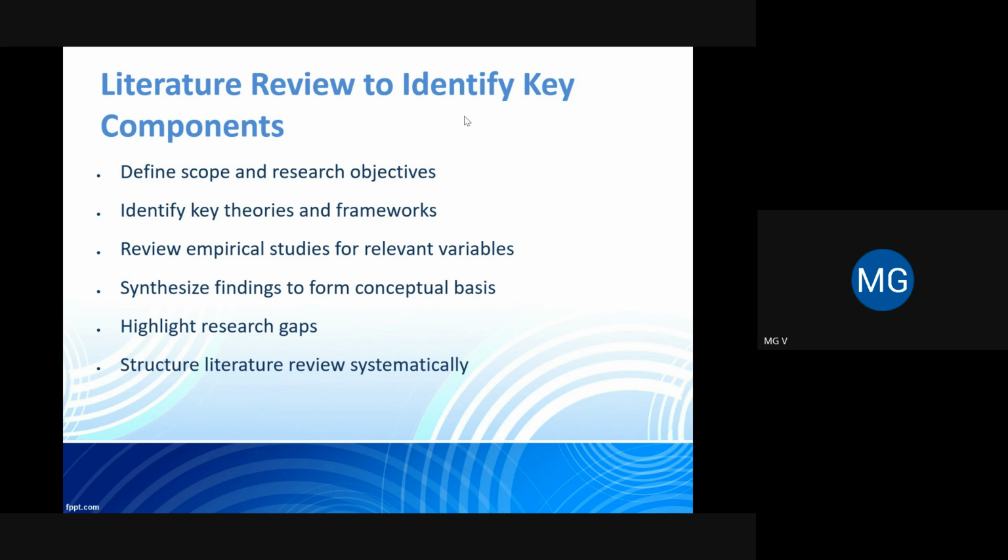Empirical studies offer insights into key variables and their interactions. Synthesizing findings helps form the conceptual basis for the model, ensuring logical coherence. Identifying research gaps ensures novelty and contribution to the field. A well-structured literature review follows a systematic approach, categorizing studies based on themes and methodologies.